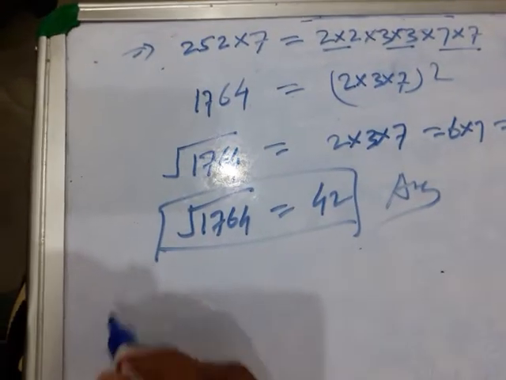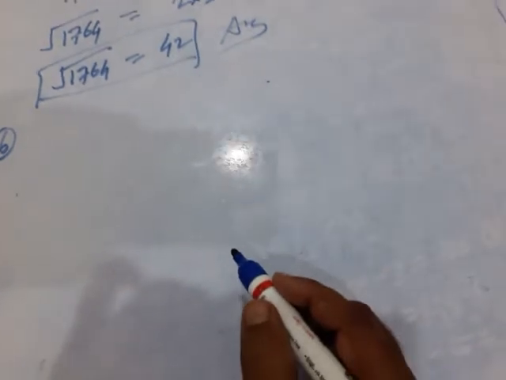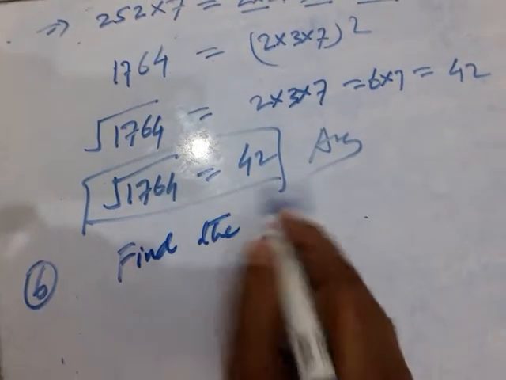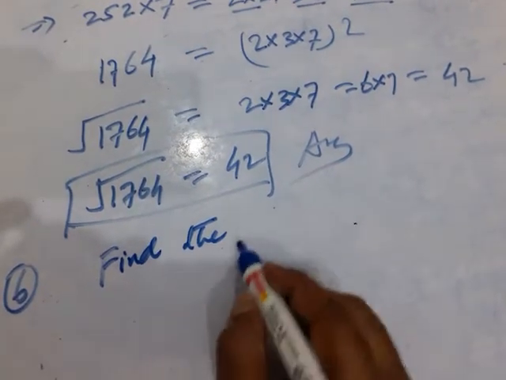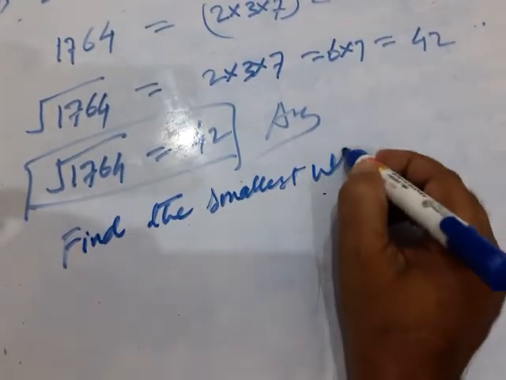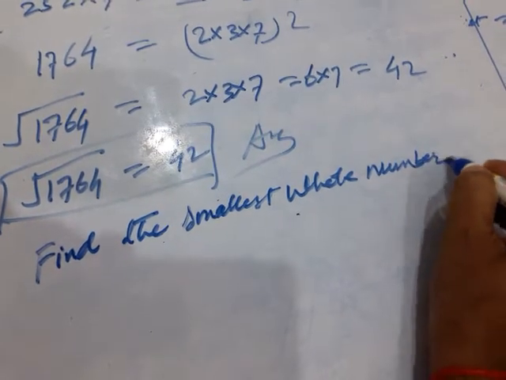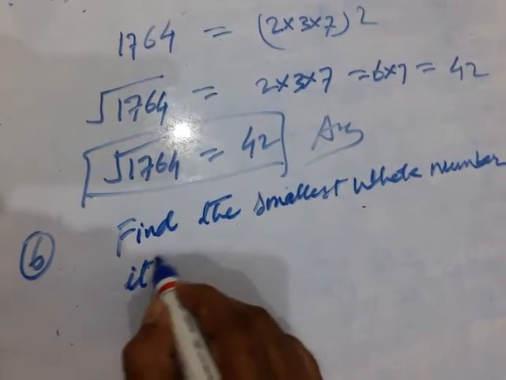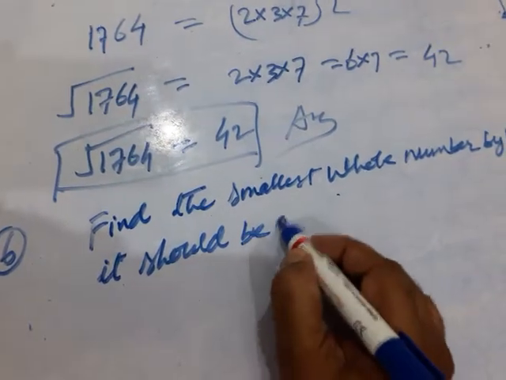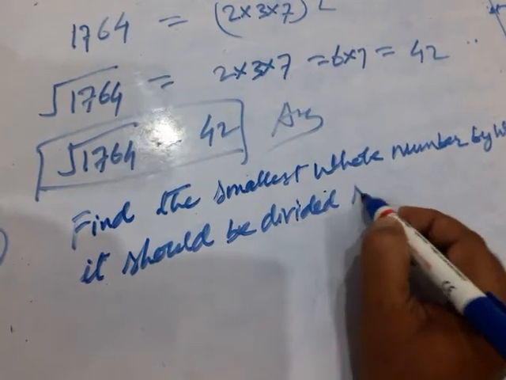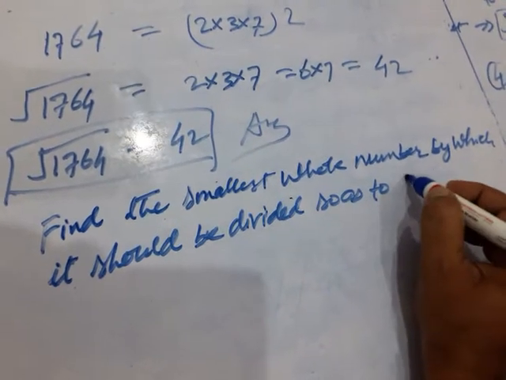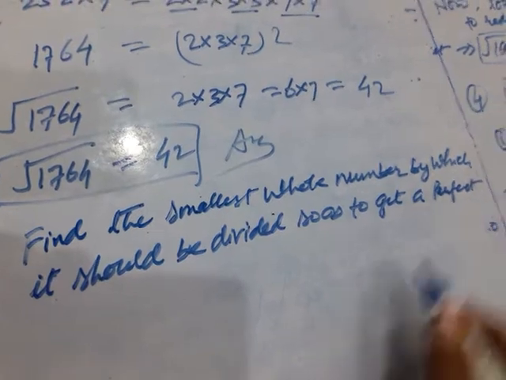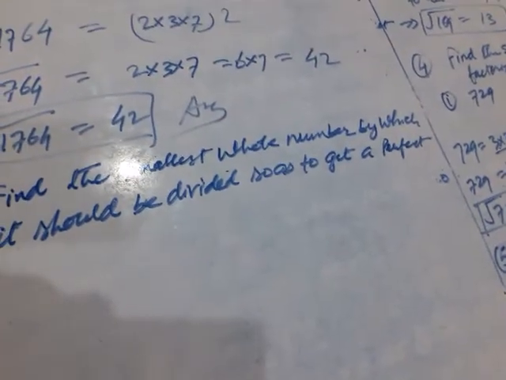What is question number 6? Question number 6 is: find the smallest whole number by which it should be divided so as to get a perfect square number.